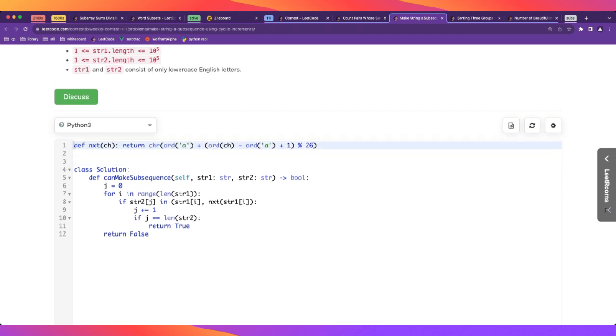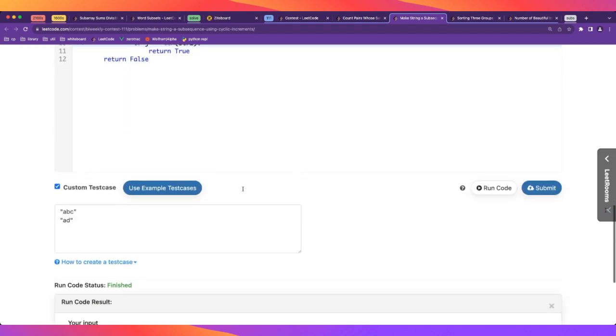This might be different, you don't have these functions in C++ and other languages. So I think this should work.